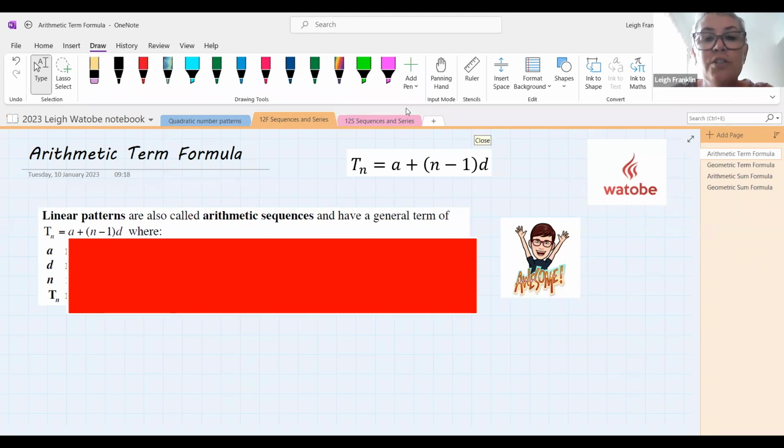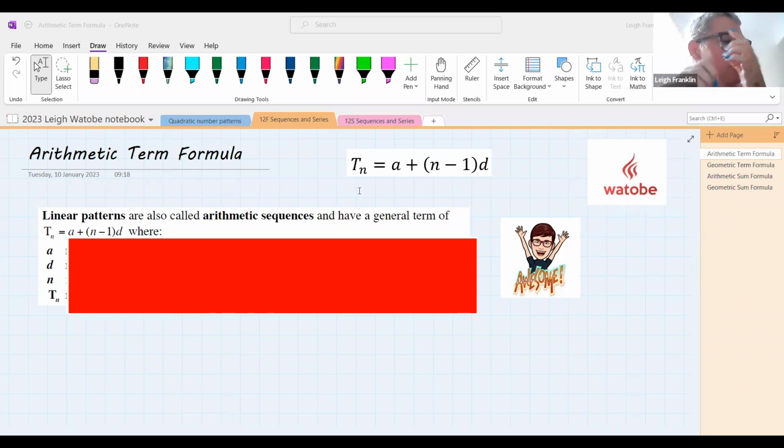So let's start off by saying that when we talk about arithmetic terms or an arithmetic progression or an arithmetic sequence, we are talking about our normal garden variety linear number pattern. The same ones that we've been talking about in grade 8, grade 9, grade 10, and a little bit in grade 11, although grade 10 and 11 don't really teach us anything new.